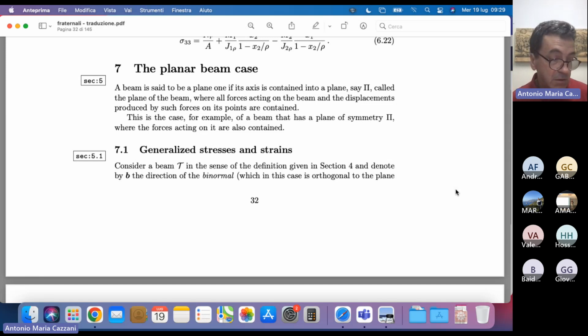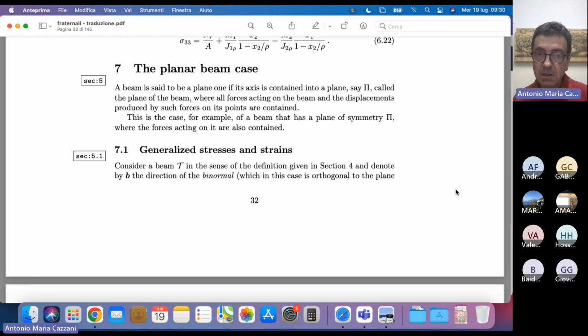So, as I was saying before, we say that the beam is plane if its axis is completely contained in a plane, let's say capital Pi. To have a planar problem, we need all forces acting on the beam, and the displacement produced by such forces, to be contained in the same plane.